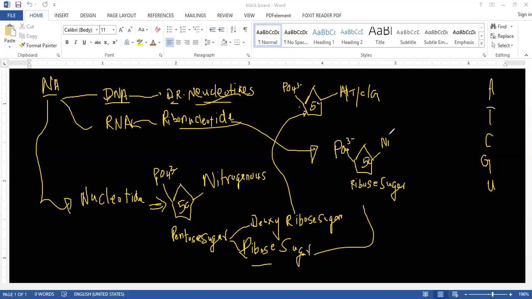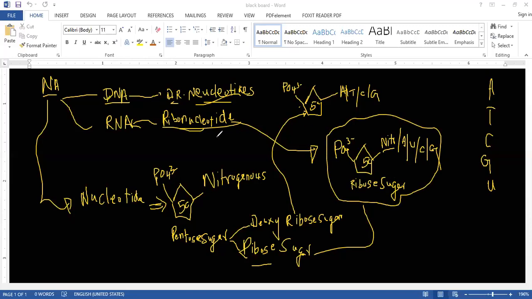And these nitrogenous bases, look at this one, can be A, and T is not present. Instead of T, there is U, C, or G. And this altogether is called a ribonucleotide. When the ribonucleotides connect together, they form RNA, and this is how it's happening simply with these nucleotides, right?